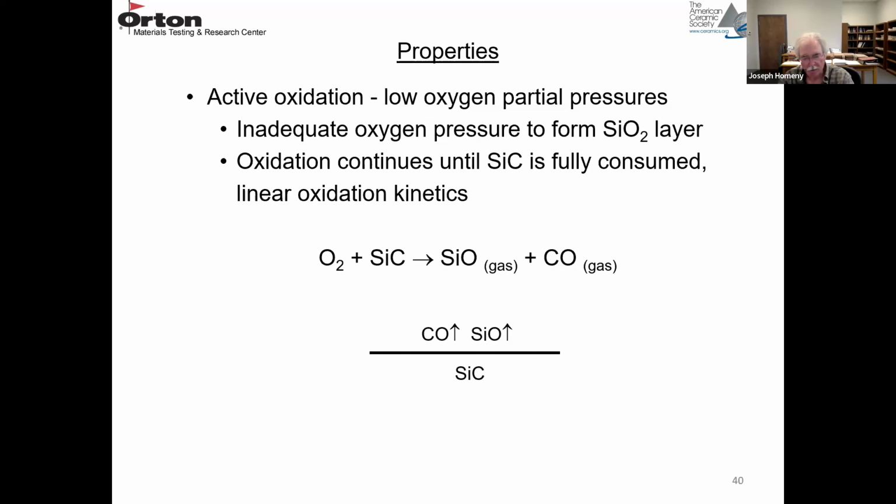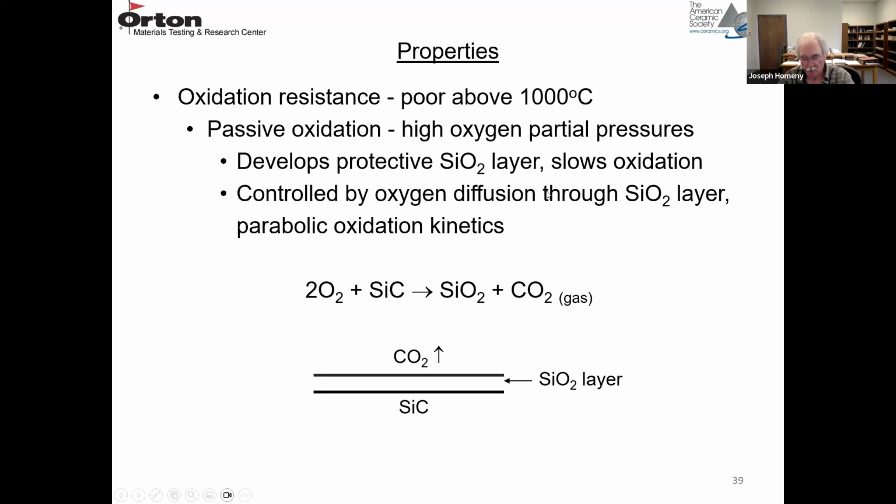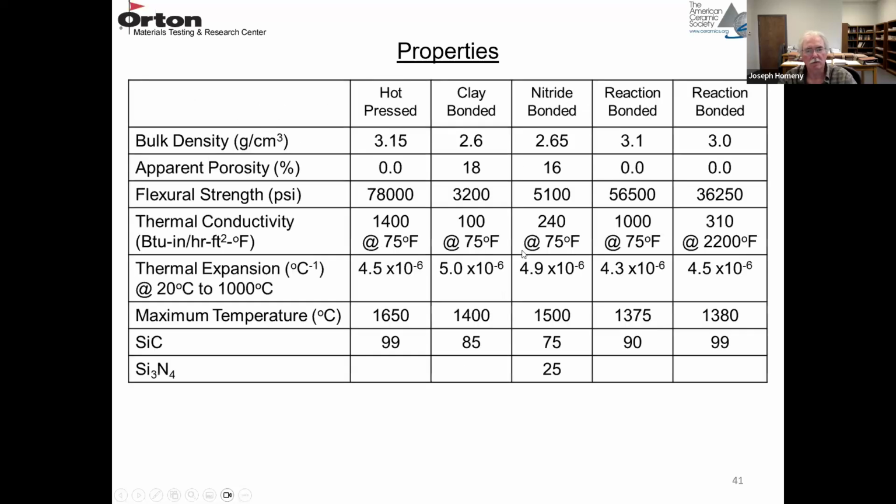So silicon carbide has a lot of good properties, but poor oxidation resistance. A brief data sheet: a hot pressed material, a clay bonded material, a nitride bonded, and two reaction bonded materials. The hot press has the highest density, 3.15 grams per cubic centimeter.